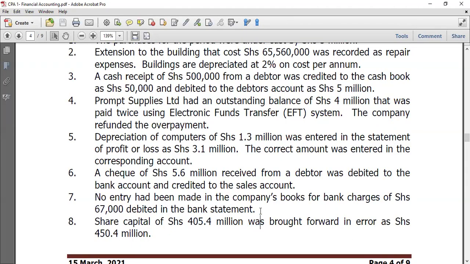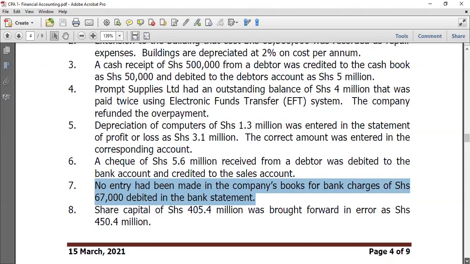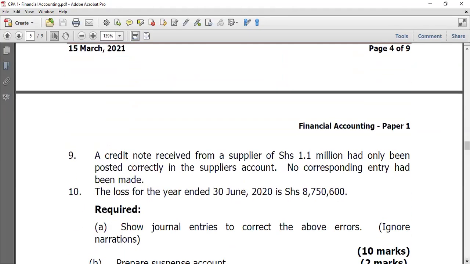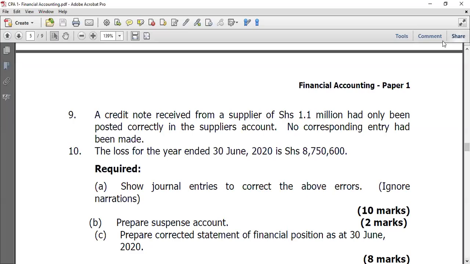We have something here where they are telling us that no entry had been made in the company's books of accounts for bank charges of 67,000 debited in the bank statement. Now, this error is actually an error of omission, okay? Because there is nothing that was done about that record. So that would be one of the things that you may need to look into, okay?